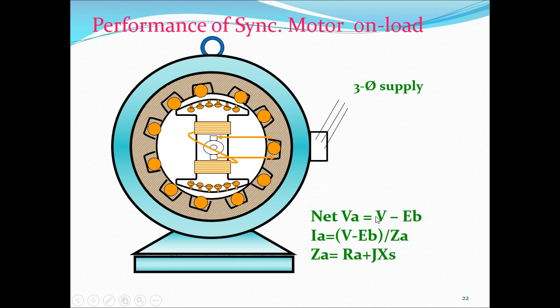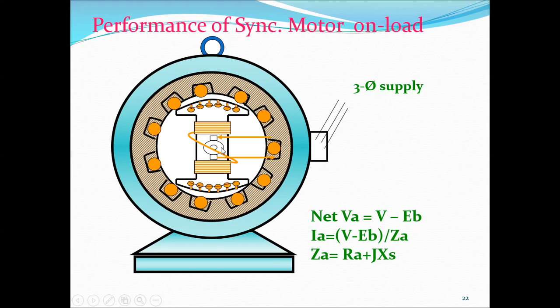V is the supply voltage, EB is the back EMF, and EB depends on N equal to 120 F by P. F means frequency, N means speed, P means number of poles, and phi means flux. So depending on these factors the back EMF is produced, and it opposes the supply voltage. The resultant voltage, the difference between the supply voltage and the back EMF, is available at the armature.